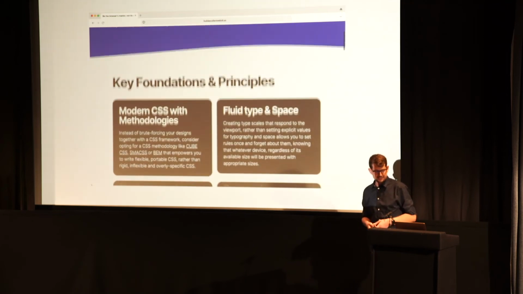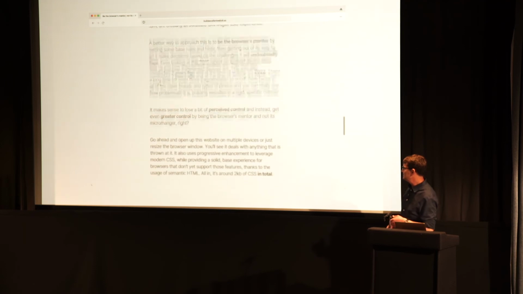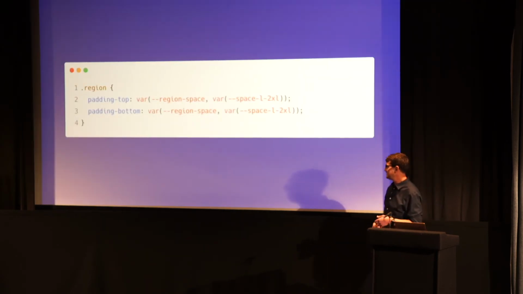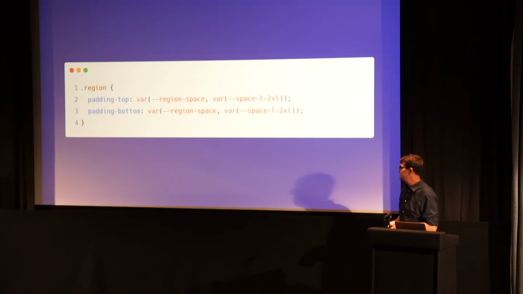There's another utility as well. We've already touched on this, which is the spacing between regions of content. Well, we use the exact same model to do that too. So the utility is called region, and then we've got a variable called region space that we're looking for, and we apply that to the top and bottom. You could use the padding block logical property if you wanted, but I prefer to make it read easier at this point.